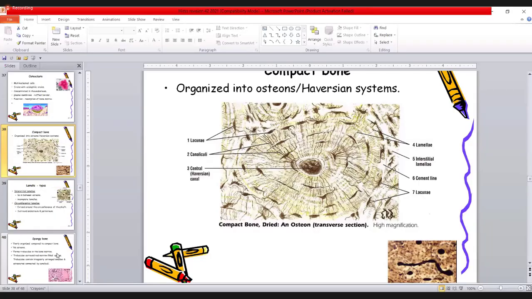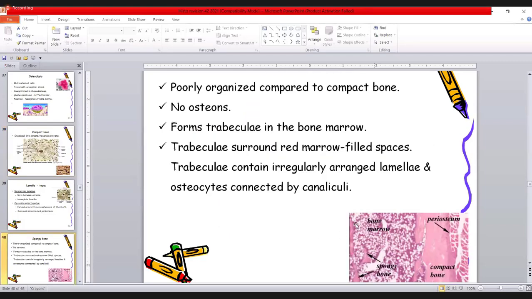Where do you find spongy bone? In the bone marrow? The ends of the long bones, yes. And in the bone marrow, you can see spongy bone. So small trabeculae surround the red bone marrow.